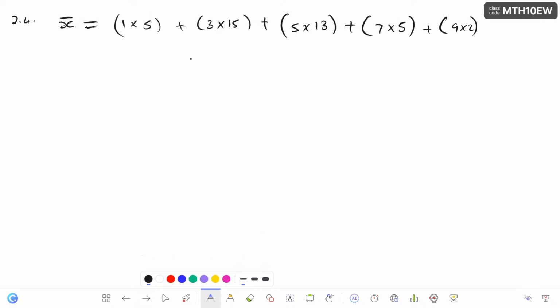All over the total number of staff members.